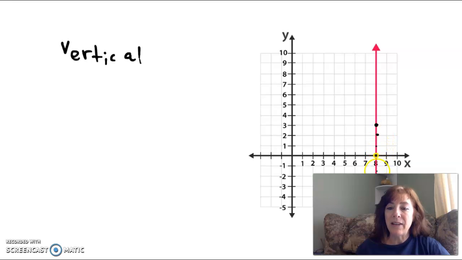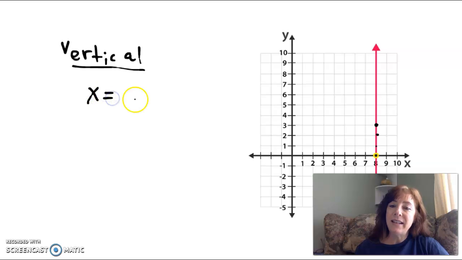If we go down, if y is negative 2, x is still 8. If y is negative 3, x is still 8. So for vertical lines, the equation is just x equals the number that line runs through, the number 8. That is the equation of this vertical line. Everywhere that line hits, x equals 8, no matter what y is.